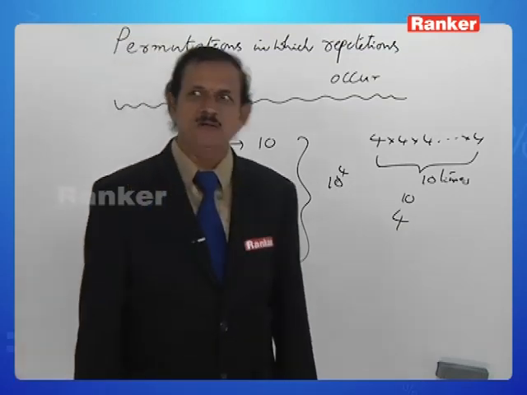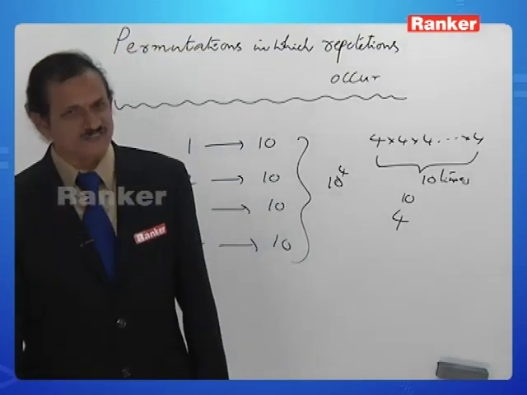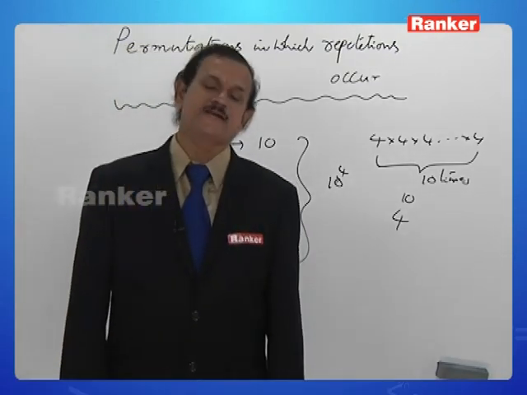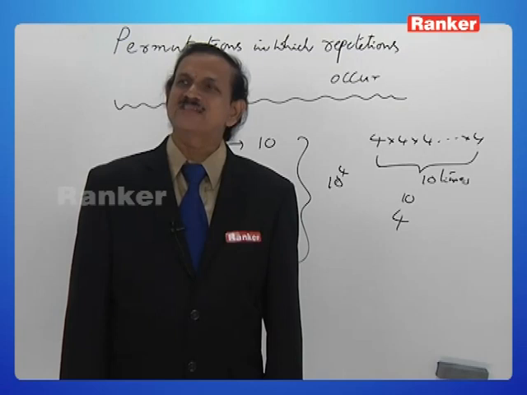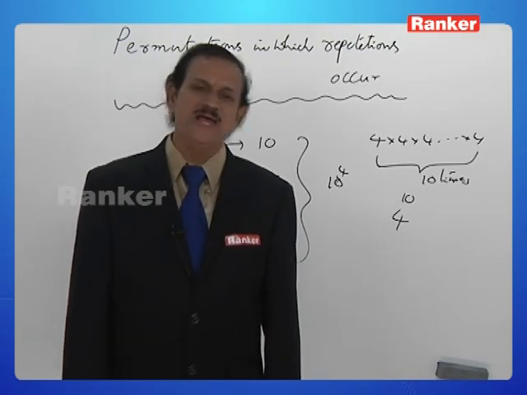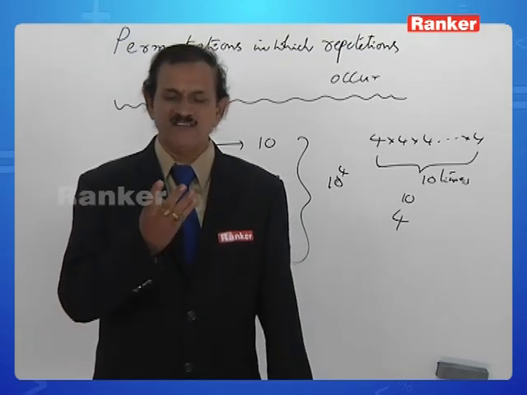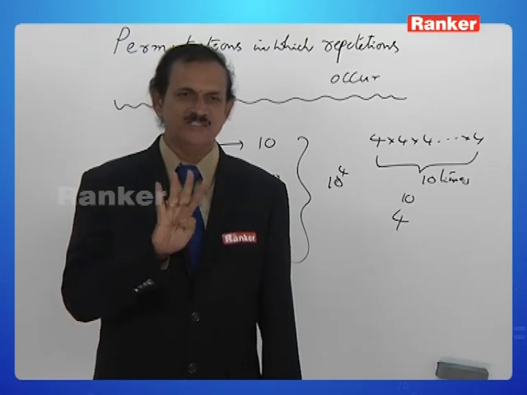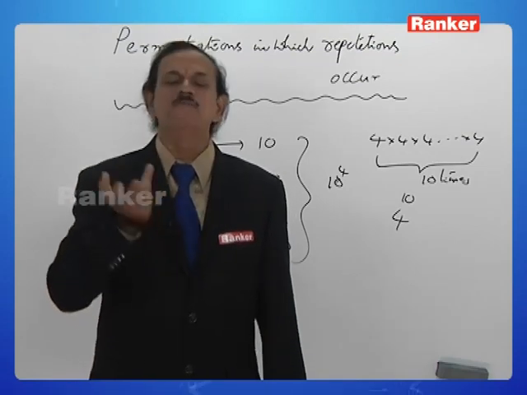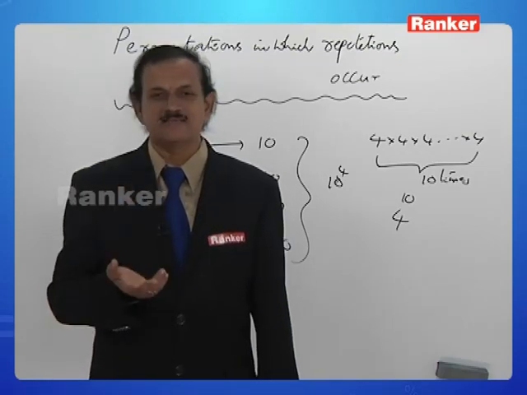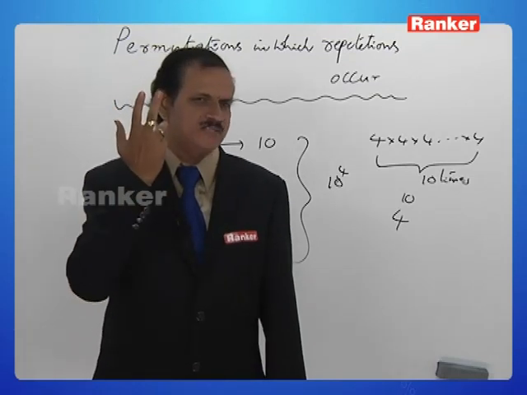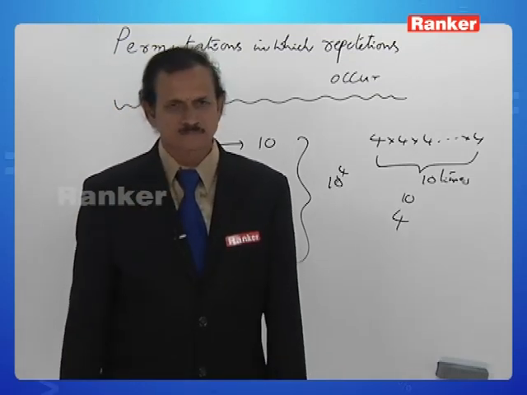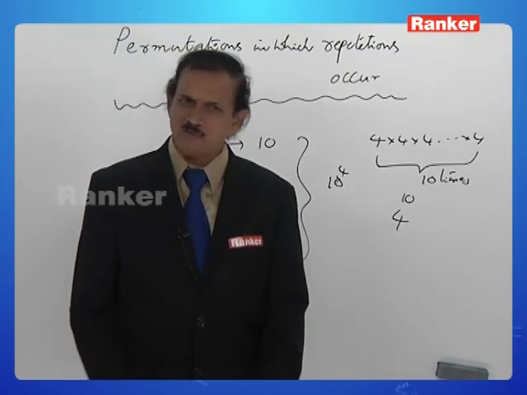One more example. A person has 8 rings. He likes to wear them on the 4 fingers of his right hand. In how many ways can he wear those rings such that any number of rings can be worn on a finger? Come on, what are the things?